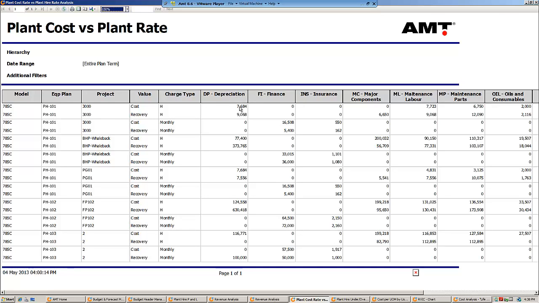So what was the depreciation cost? What was its recovery? What was the maintenance labor cost? What was its recovery? So you can quickly identify where your plant rates are accurate and where they're not accurate, where they're too high or too low, or where you're having cost overruns. Again, it just highlights those variances, which is where you want to focus your energies.